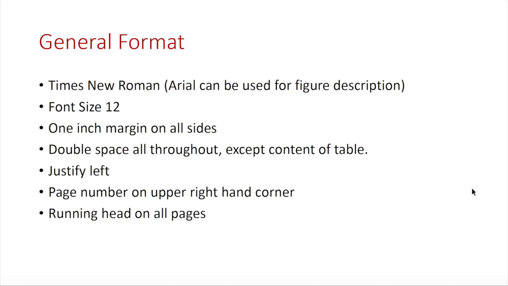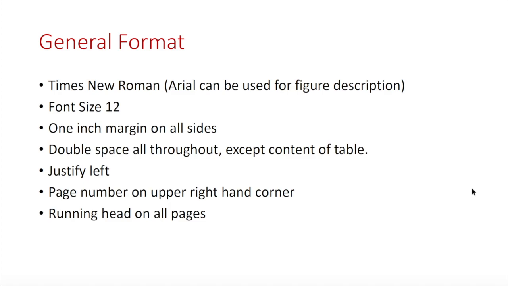1 inch margin on all sides, double space all throughout, with the exception of table contents. For tables, the goal is to present a minimal looking table, and if we double space the content of the table, then you would have a very large table.